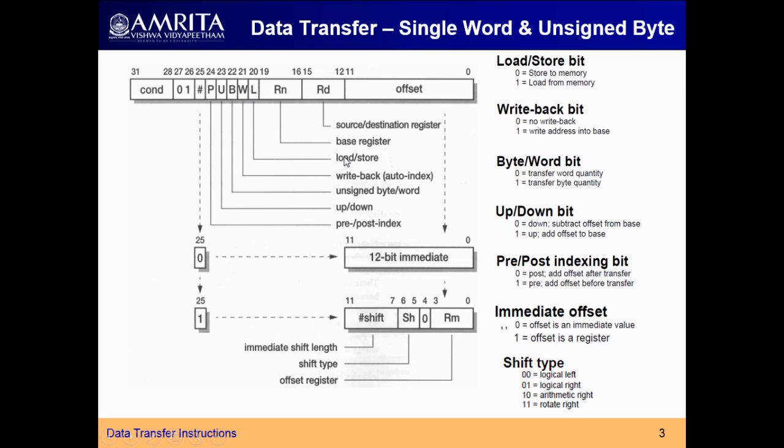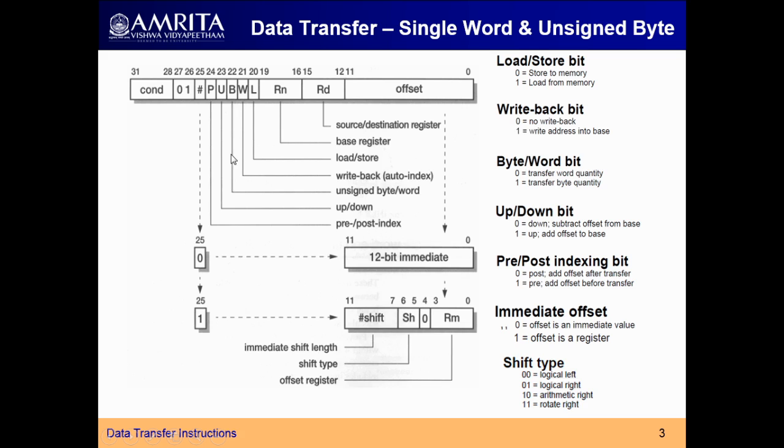You can remember it like this: 1 bar 0. 1 means load, 0 means store. Then the next bit, the 21st bit, is used for representing whether you are using write back or not. If you are using the exclamation, this write back bit will be 1. If you are not using the exclamation, the write back bit will be 0.